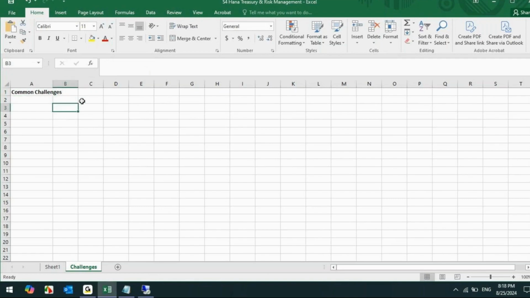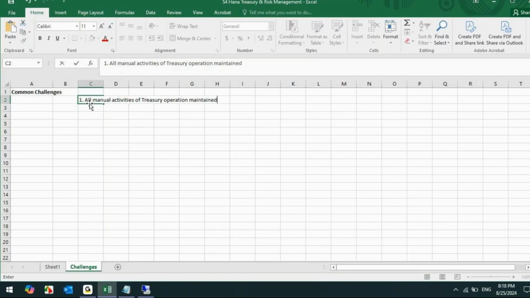So the first common challenge we find is all manual activities of treasury operations maintained in Excel. When you maintain all these things in Excel, your activities would be huge. Next, it comes with lots of manual work.